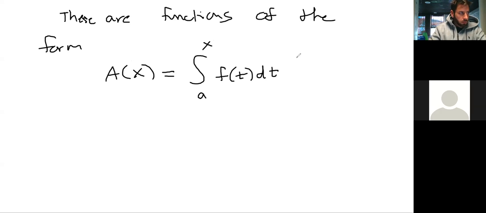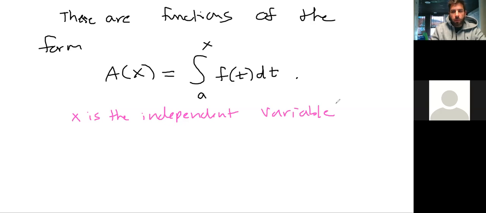So let's make sure you understand that. That is the guy that moves. That's the variable that adjusts.